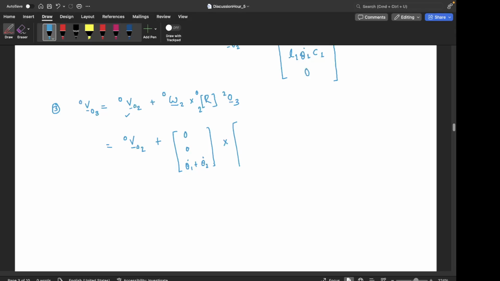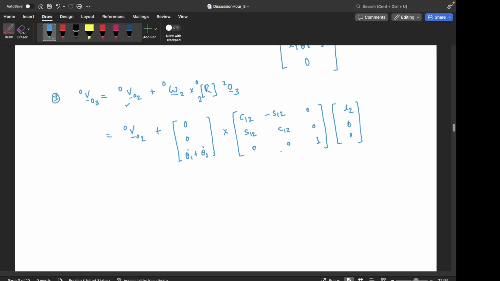Now we have the rotation matrix from the second frame to the 0th frame, so that is C12 minus S12 0, S12 C12 0, 0 0 1. And this would be, again, at a distance L2 along x2, so it is like this.